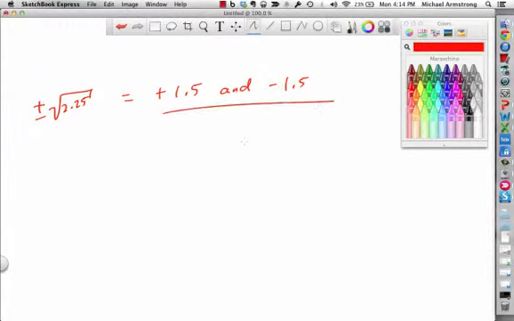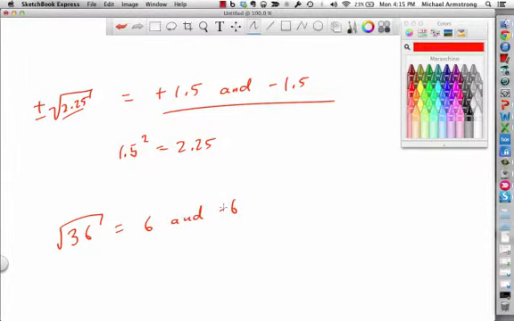So on your own, what's the square root of 36? Find two square roots of the numbers. So when it asks you for 2, if you have 36, you've got to take the square root and you've got to come up with 6 and -6, and so on.